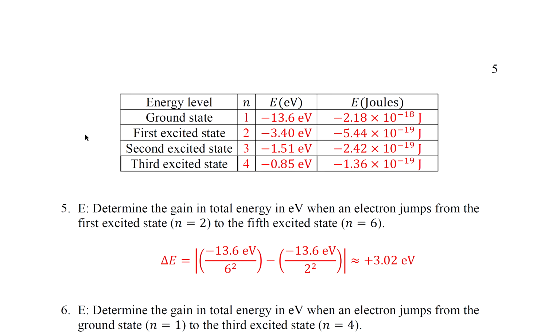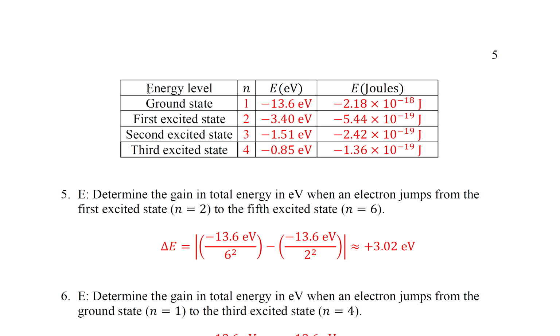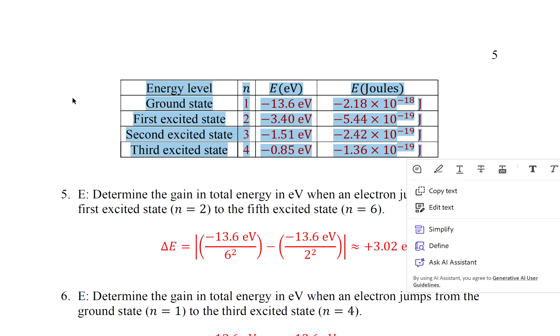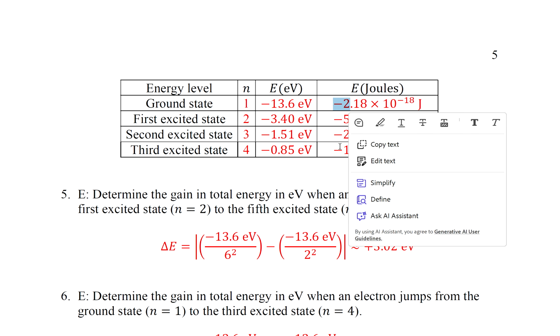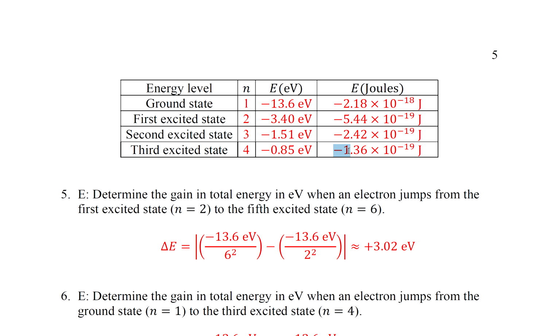So ta-da, we get the result here. You can see as the electron gets to a higher energy level, the energy of the electron increases, because this is minus 2.18 and this is minus 1.36, which is closer to 0.